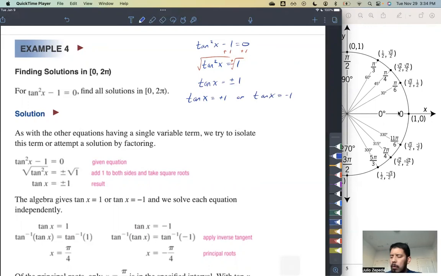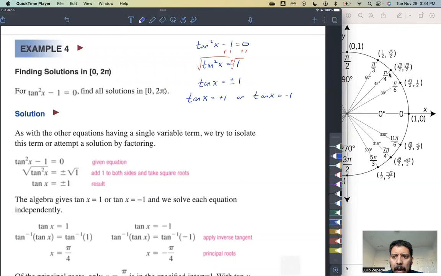And now we can take a look at this equation here and say the tangent of what angle is equal to positive 1? Well, if we go over here to the unit circle, it's right here. The tangent, remember, is y divided by x.